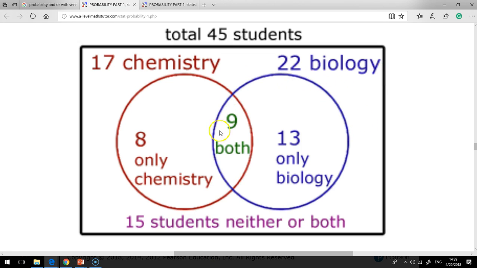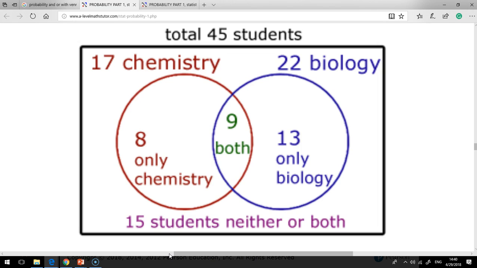We have students taking biology, which is 22 students, so the probability of someone taking biology is 22 over 45. And then we have the event of chemistry. 17 students are taking chemistry, so 17 over 45 would be the probability of that. And we have 15 students who are taking neither chemistry nor biology of these 45 students.